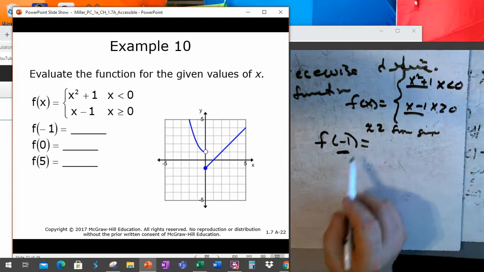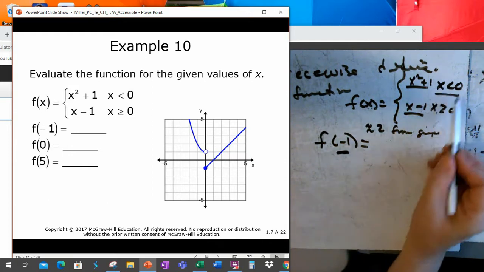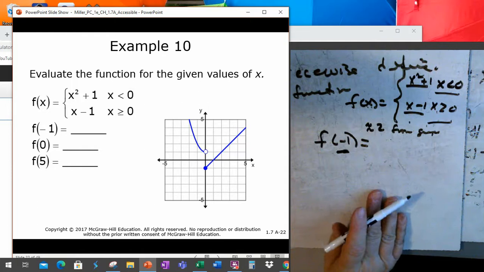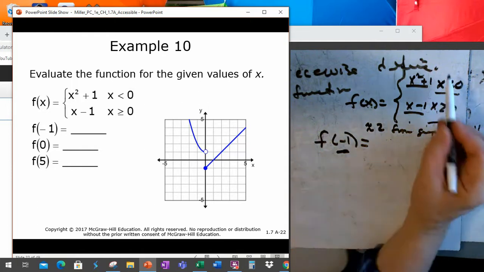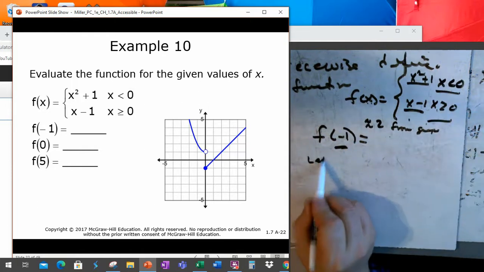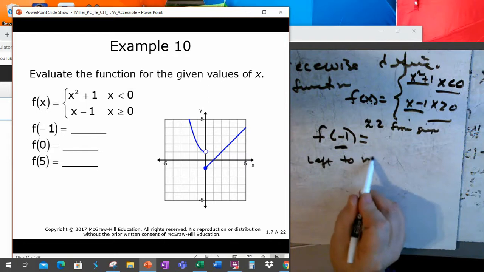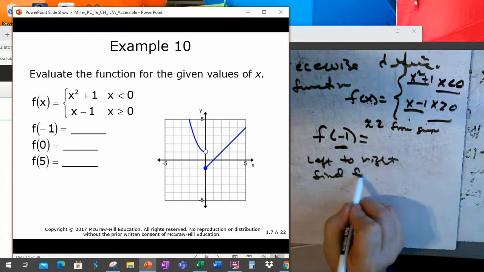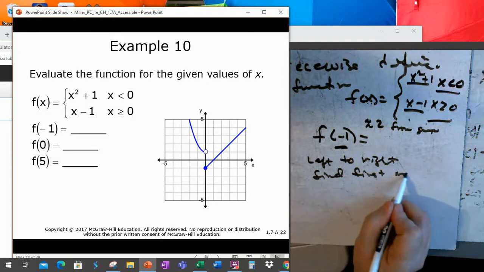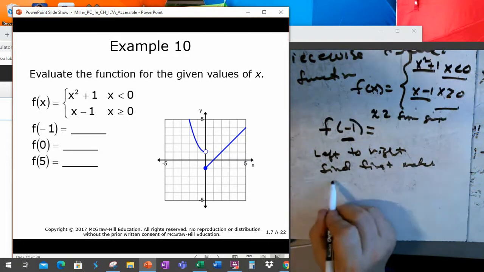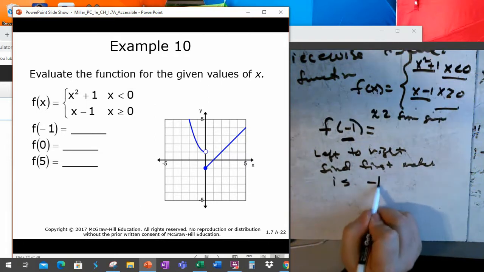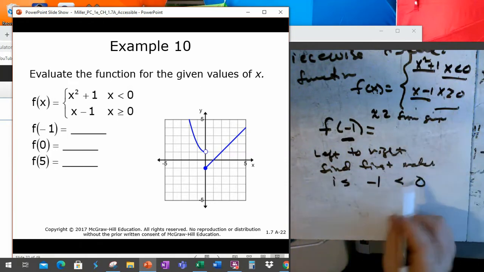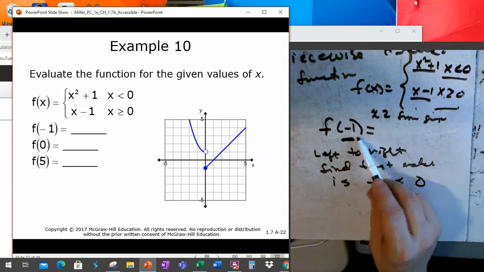So I go here and I look at this piece and that piece to find out which one I'm going to use. I start from the top, left to right, and find my first match. Is -1 less than 0? That's my x value, -1.